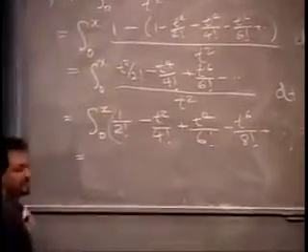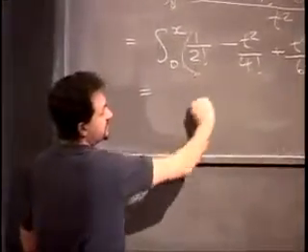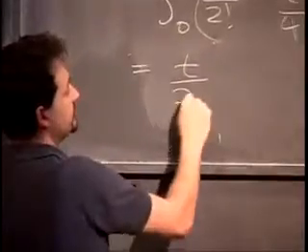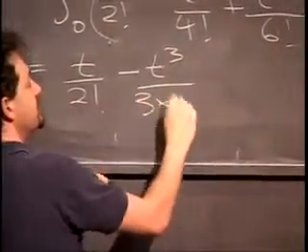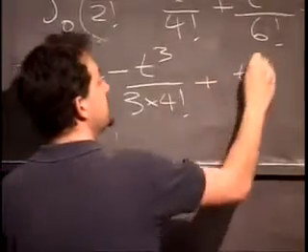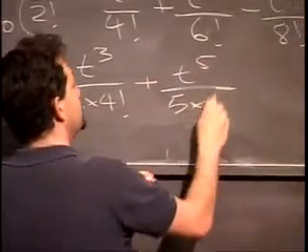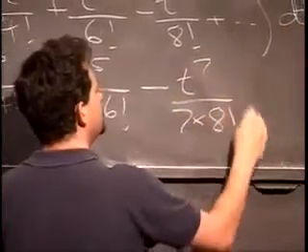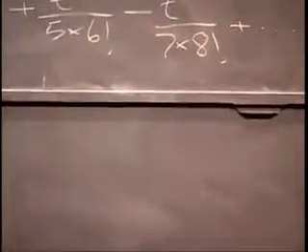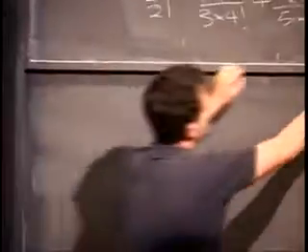Pull a bit of a rabbit out of the hat and assume that I can integrate this term by term. So I get t over 2 factorial minus t cubed over 3 times 4 factorial plus t to the 5 over 5 times 6 factorial minus t to the 7 over 7 times 8 factorial, and so on, evaluated between 0 and x.